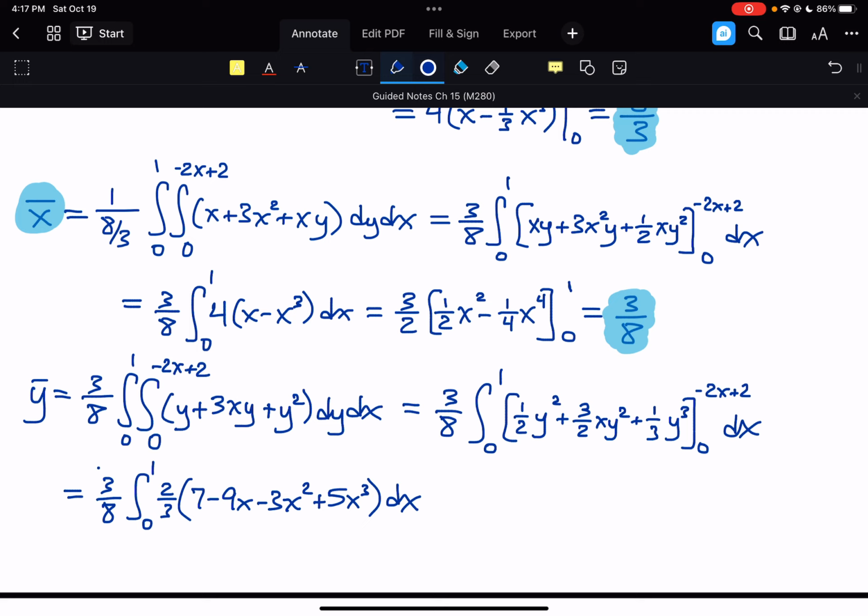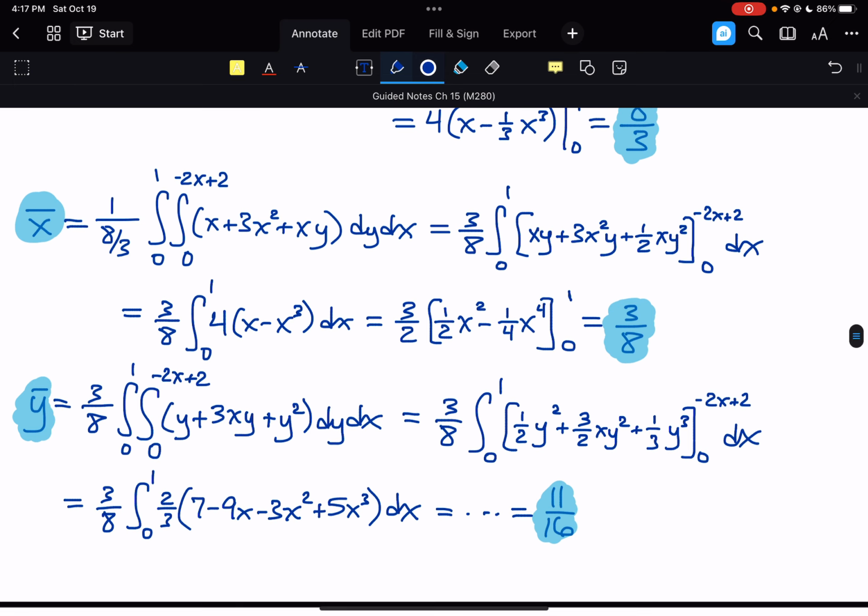And at that point, there's a little bit of cancellation that can happen here. 3 with 3, 2 with the 8, so we're just left with 1/4 out in the front. And if we take just single variable, single integral, we'll just cut to the chase here. We end up getting 11 over 16 for this. So y bar is 11 over 16.